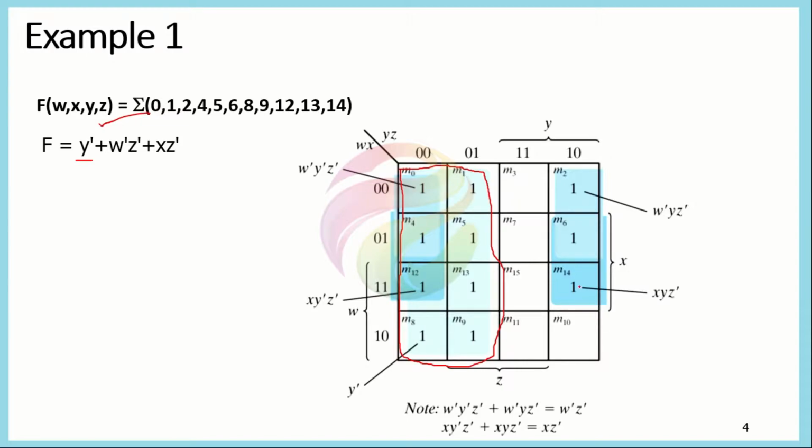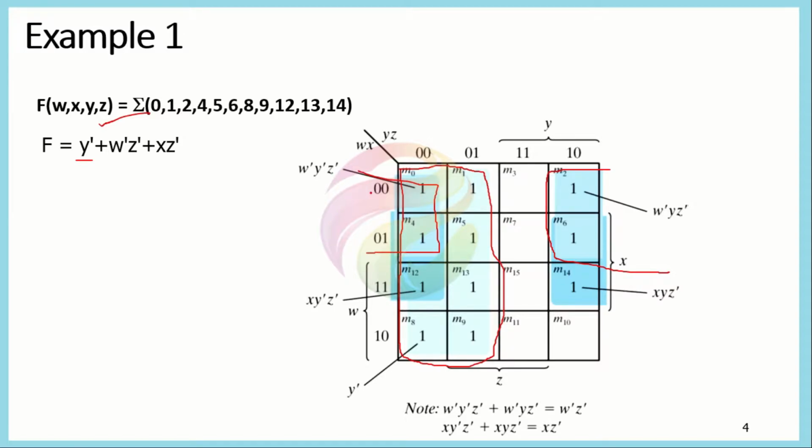Now we need to consider how we could add other squares after this larger group of 8 boxes. You can see that we could combine this with this one and this one because they are adjacent in a circular condition. So we can have a single box representing 4 terms, 2 here and 2 here.